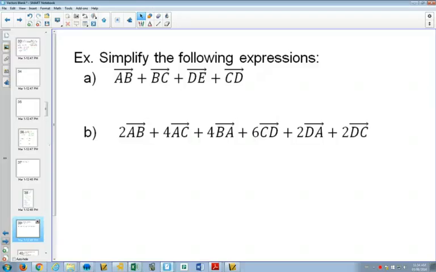So for a question like this, simplifying these vectors, you could draw out some points, A, B, C, D, E, and say, well, where would I end up?